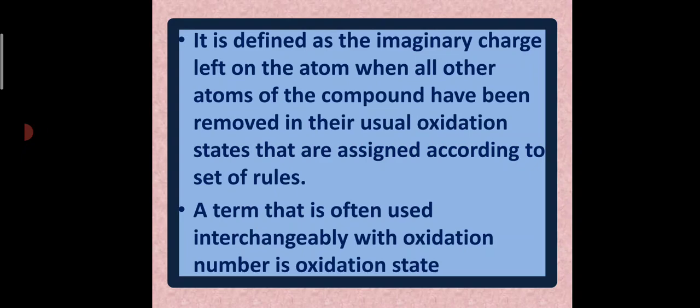If any atom is removed, then we give an imaginary charge. That number we call the oxidation number. A term that is often used interchangeably is oxidation state. It is actually the oxidation number only, but people have started using oxidation state.